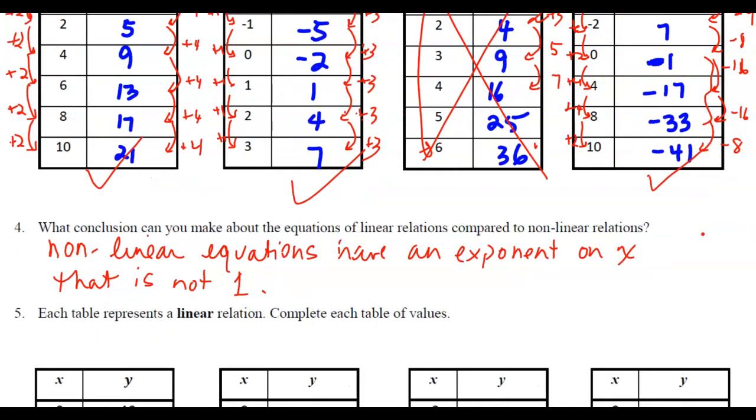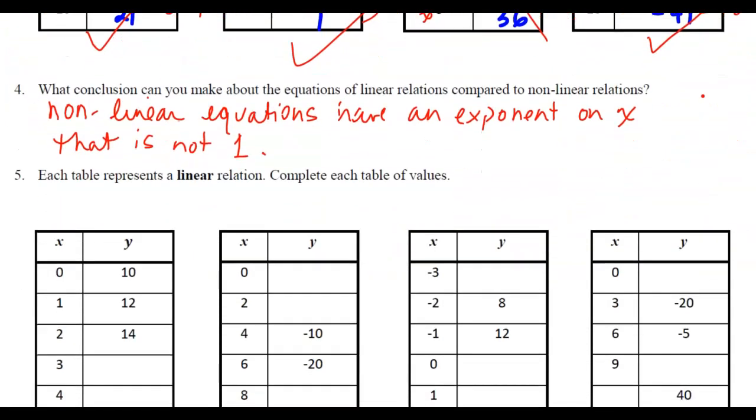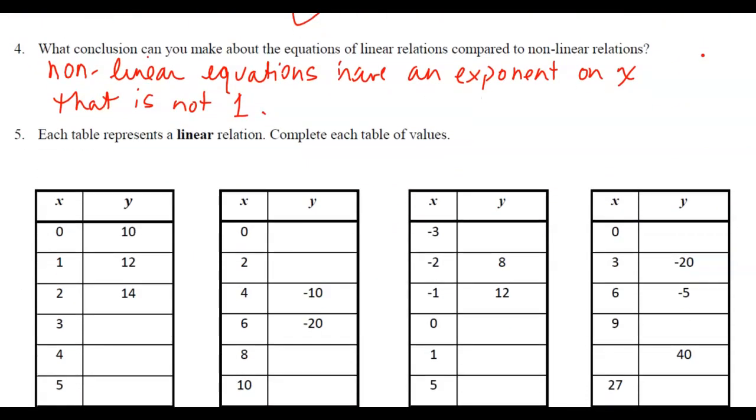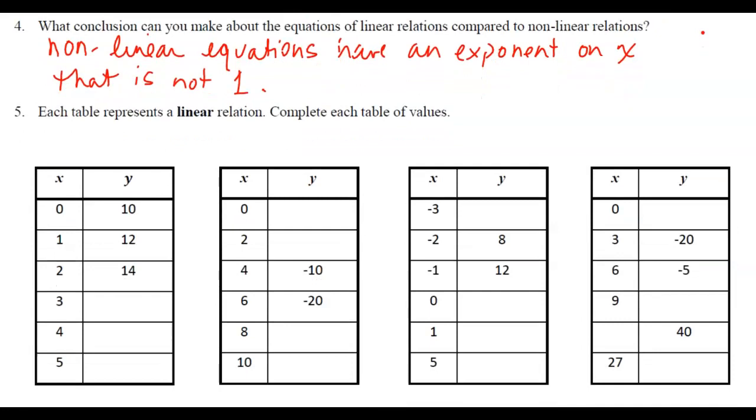So it says, now the last thing is we're told that they are linear relations. So that means it must have that constant rate of change. And we have to fill in the missing values. Okay, so take a look at the patterns in this. So we're going up by 1 each time.